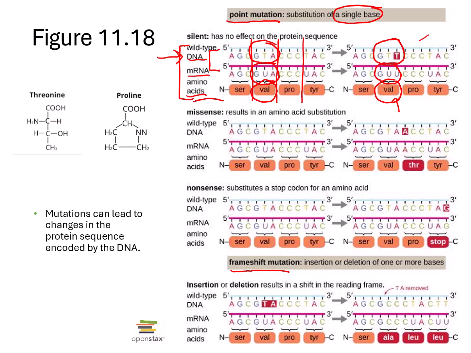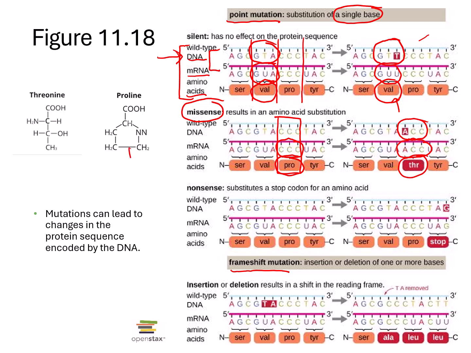In my second example, I have a missense mutation, and this time it looks like the mutation is happening around here. Instead of CCC, I have ACC in my DNA sequence, so that changes my codon from CCC to ACC. Unfortunately, this time it does change my amino acid, and I wasn't sure how different these are. If the two amino acids were very similar, it might not change the function of your protein. But if these are very different, it could.